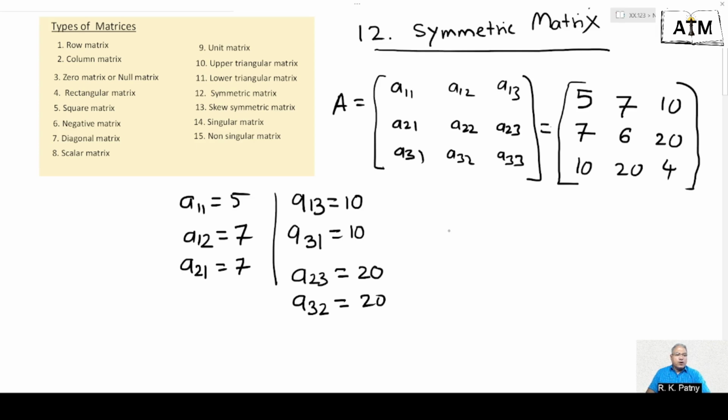So a matrix in which the value of A12 equals A21, A31 equals A13 and A23 equals A32, such a type of matrix is called a symmetric matrix. Now let us define what exactly the definition of a symmetric matrix is.